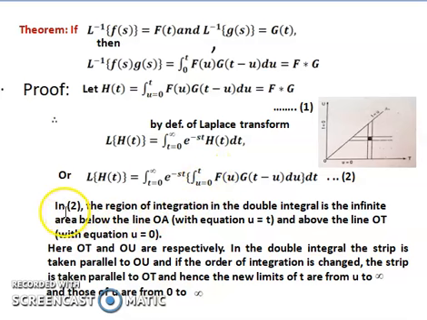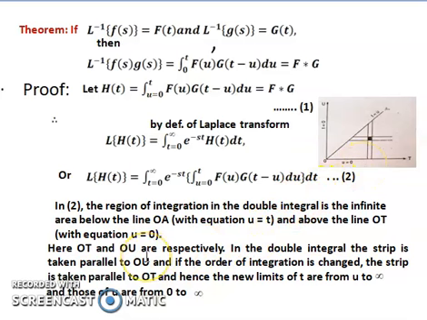So in equation 2, the region of integration is an infinite area below the line OA, with the equation u equals t, and above the line OT. u का वैल्यू कितना है, यहाँ पर ऑन द एक्स एक्सिस अलोंग दिस OT u का वैल्यू 0 हो गया आपका.